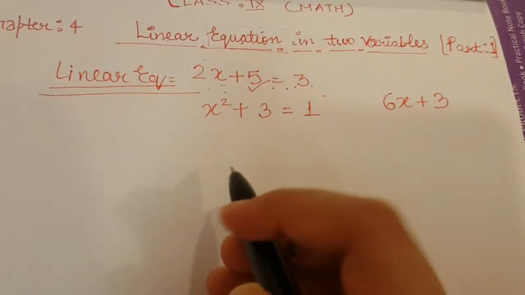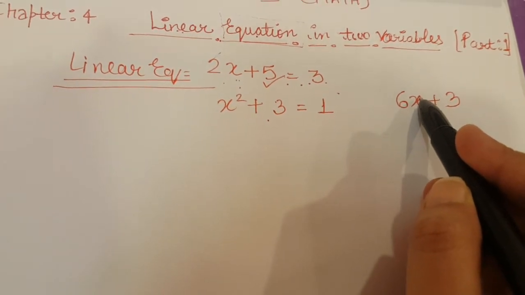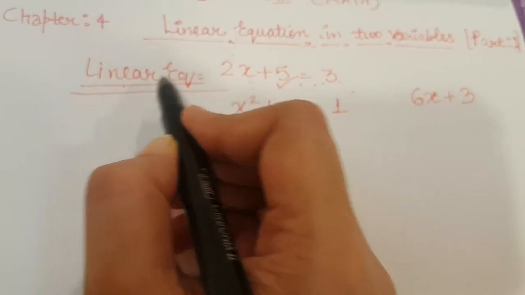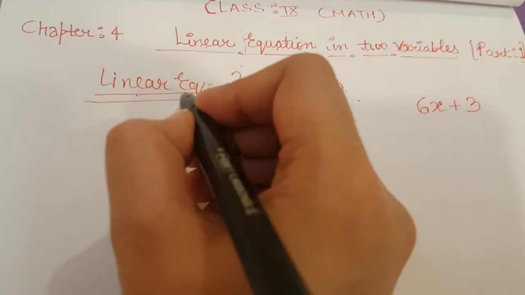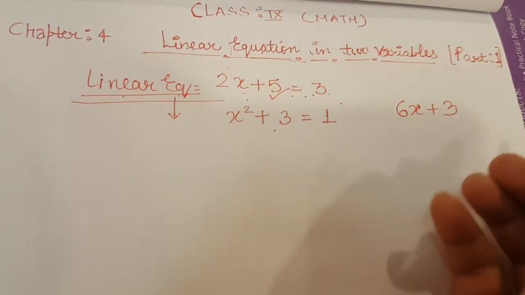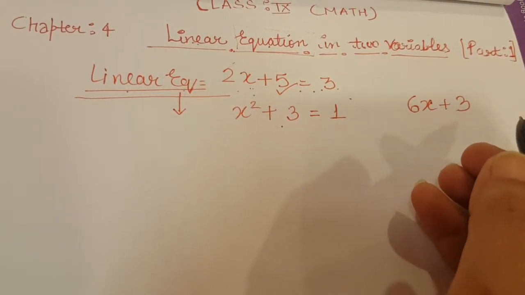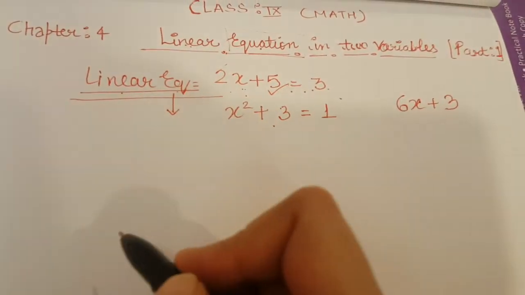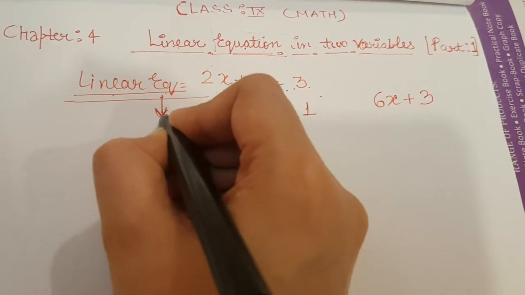So how will you find out of these three that which one is linear equation? So you come here and see there are two words linear and equation. So first of all, the given polynomial should be equation first of all, and when it will be equation, then what are the rules for equation?